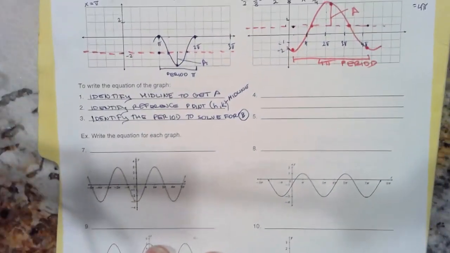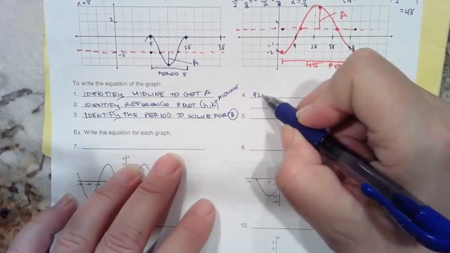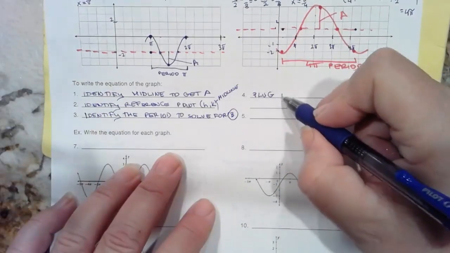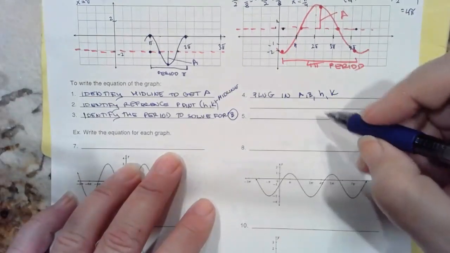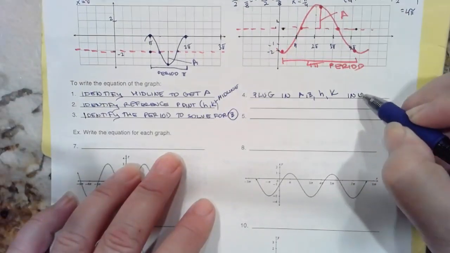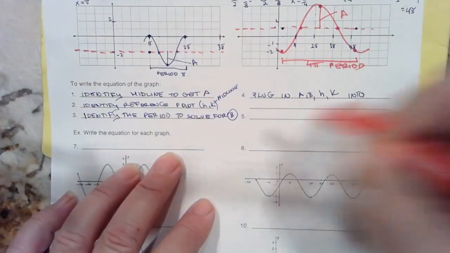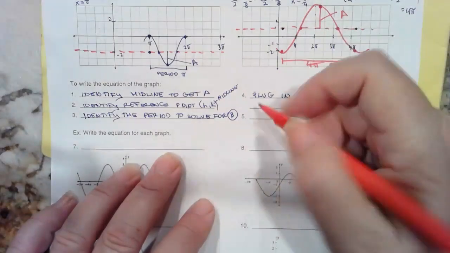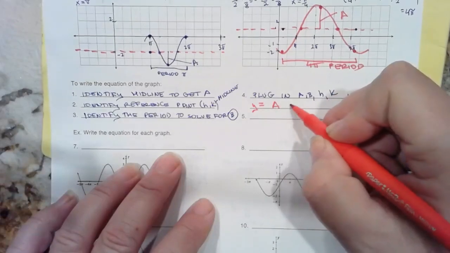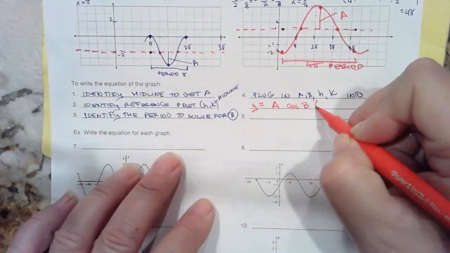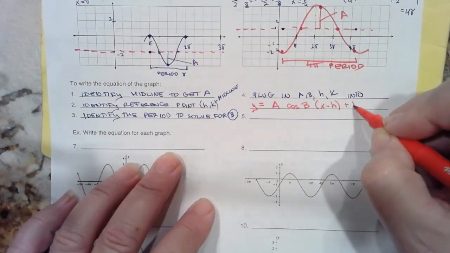We'll identify the period to solve for b, and then you're going to plug a, b, h, and k into y is equal to a cosine b(x minus h) plus k.